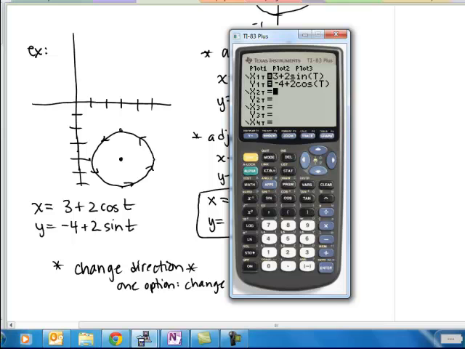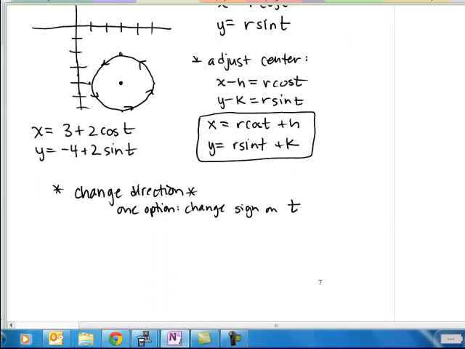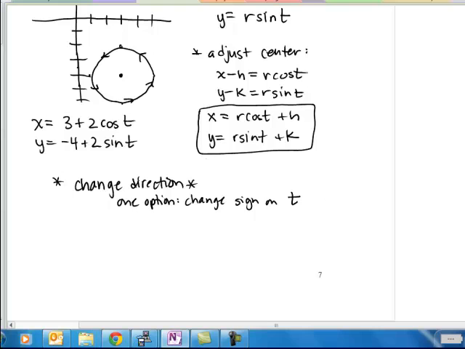When t is 0, we would be at 3 for the x, and then negative 2 for y. So we'd be at the top of that circle, and it's going to start at a different place and also go probably clockwise instead of counter. Let's take a look. All right, so it's going to start at a different place and also go clockwise instead of counterclockwise. So one way to change the direction is to change the sign on t.